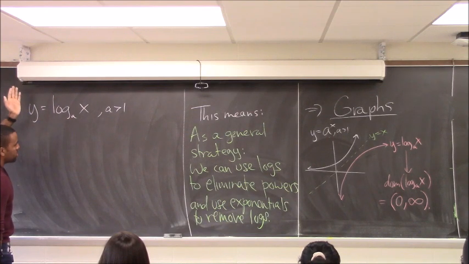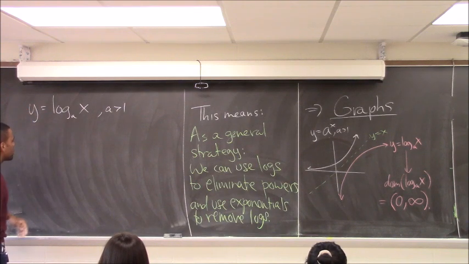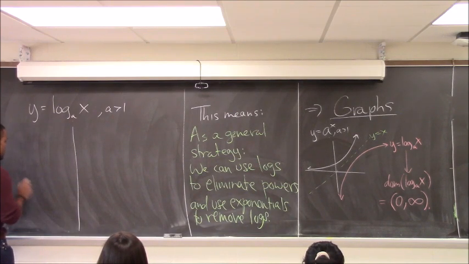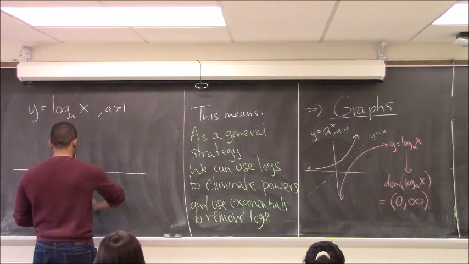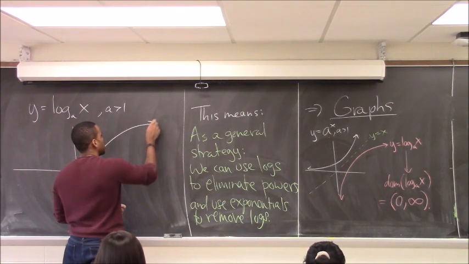If the base is 0, the answer is always going to be 0. So we only care about greater than 0, and once we figure out what's happening for bigger than 1, taking a negative power can help us figure out between 0 and 1. So we normally just think of things in terms of a being larger than 1. And the graph is going to look like this. So that's just a new graph that we know now. This is the graph of a log function.